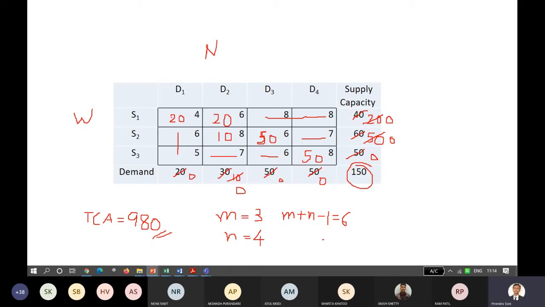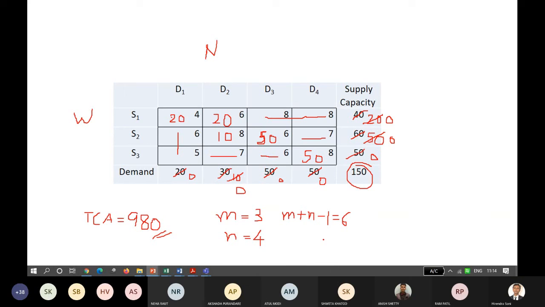It cannot be more than that. Normally, the number of allocations should be equal to M plus N minus 1. If it is equal to M plus N minus 1, we call it a basic feasible solution. But if it is less than M plus N minus 1, we call it a degenerate basic feasible solution.